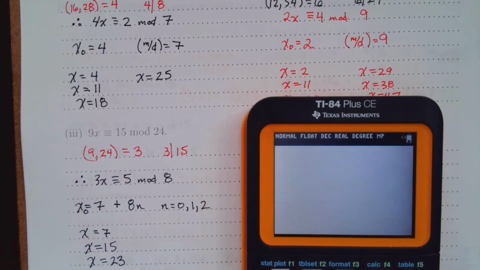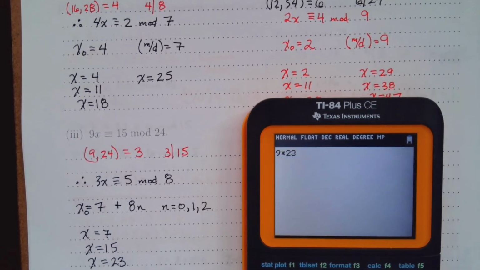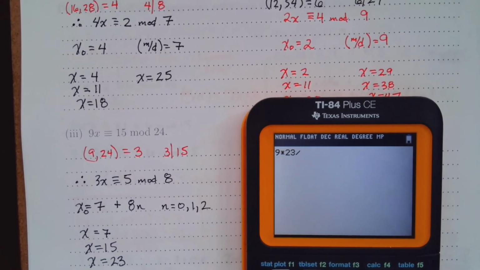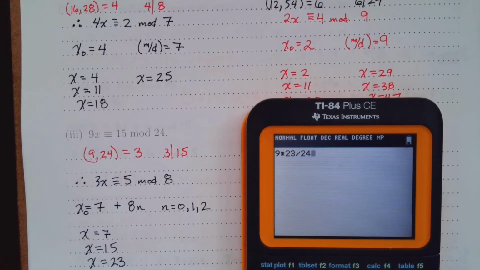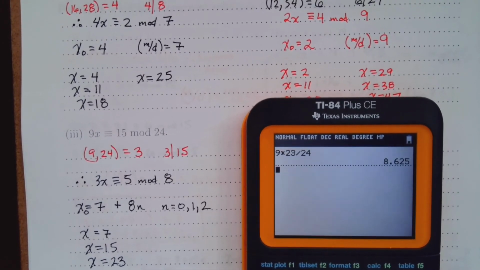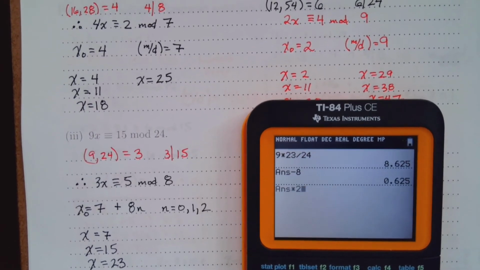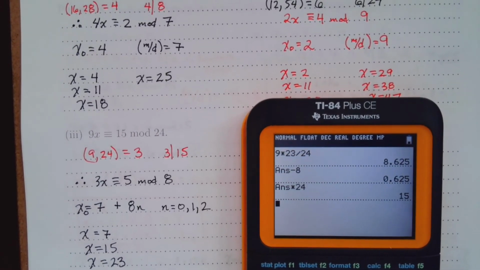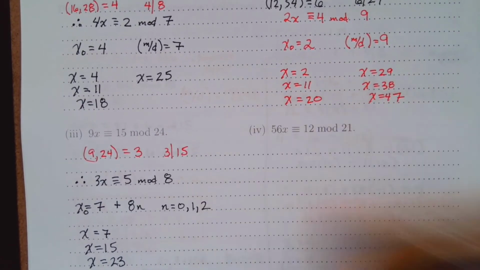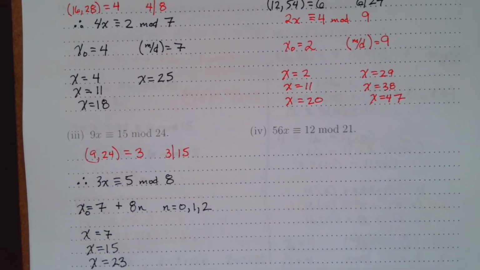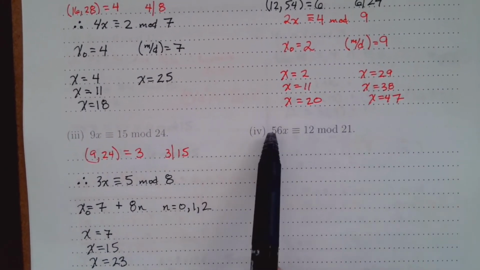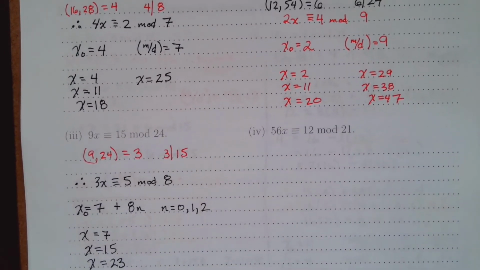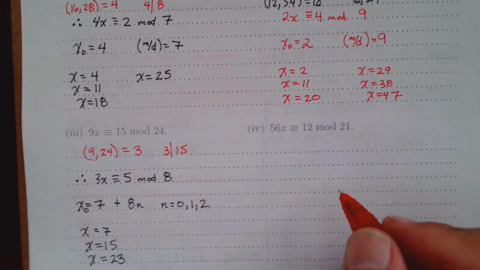Oh, excuse me, 9 times 23 divided by 24, minus 8 times 24. There we go. That works out nicely. Okay, so be careful with these.